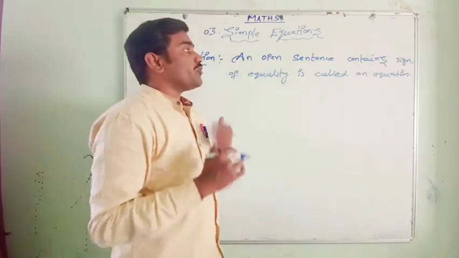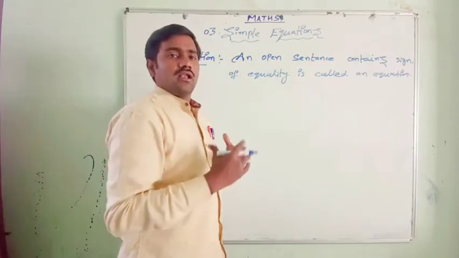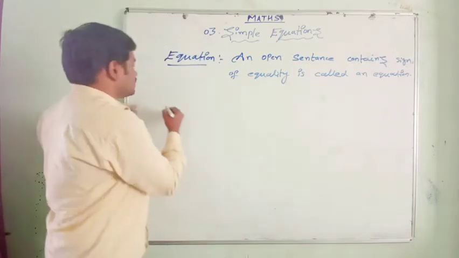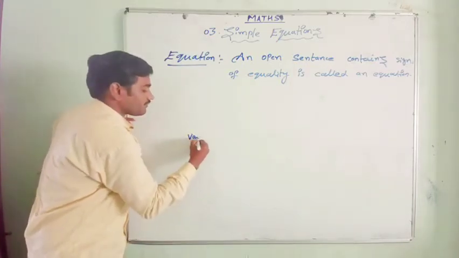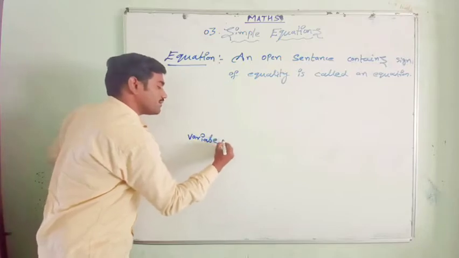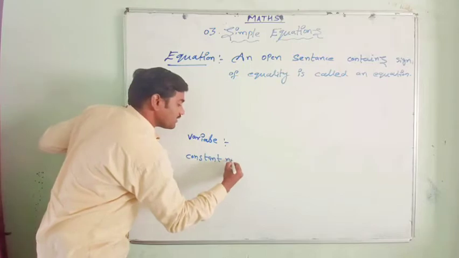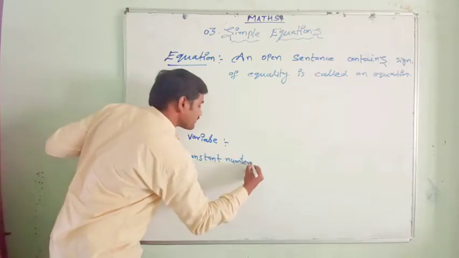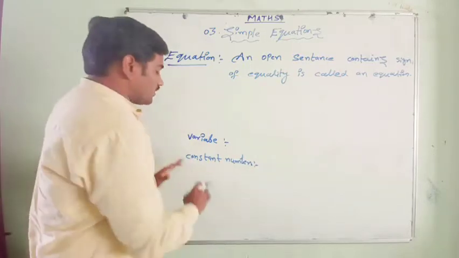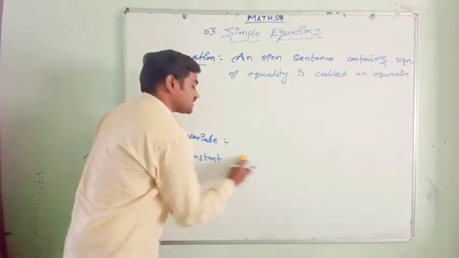An open sentence. So open sentence means any variable or constant numbers. You should know the meaning of variable and constant numbers. Constants. So here constant is nothing but which does not change.